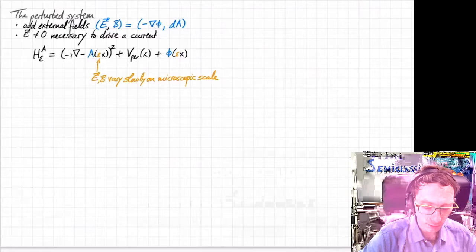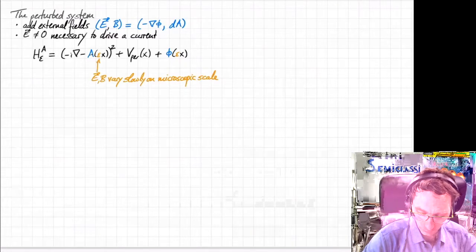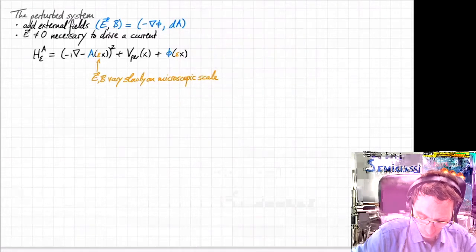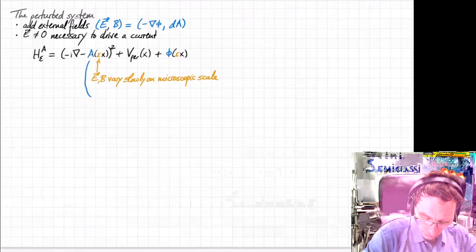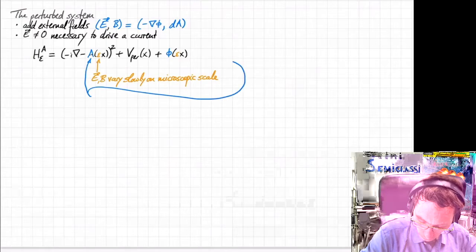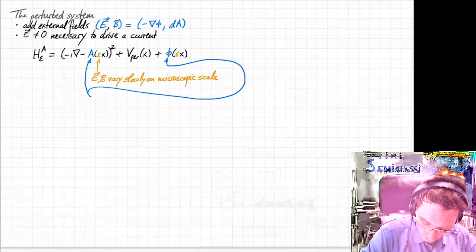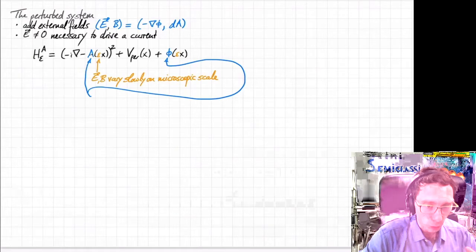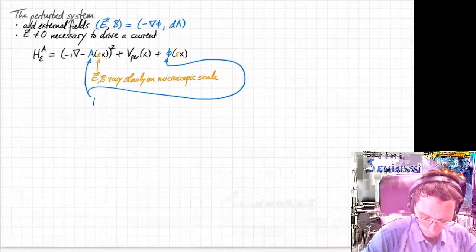There's also one other important factor that is absolutely crucial, namely the presence of the external fields. They break the periodicity.